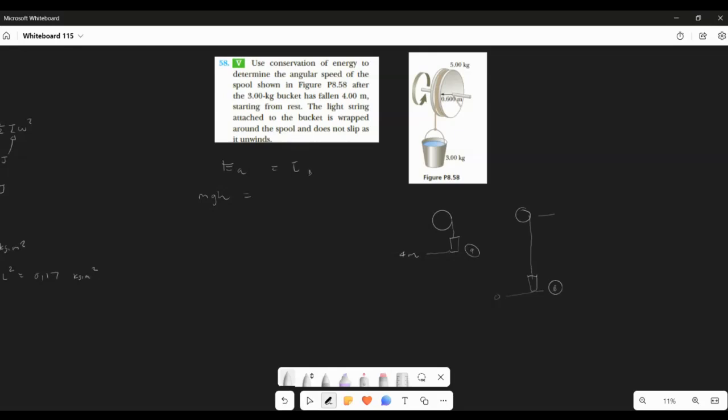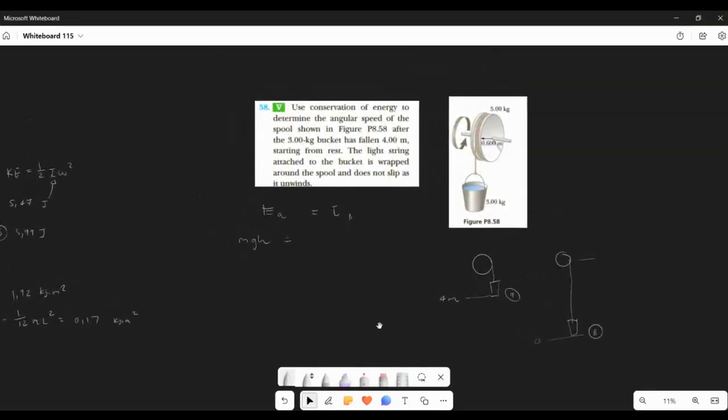Cool. And so at B, as the bucket is moving down, it will move with linear kinetic energy, and the spool where the rope is on will be turning as well, and it will possess rotational kinetic energy. So that's why they give us the mass and its respective radius.